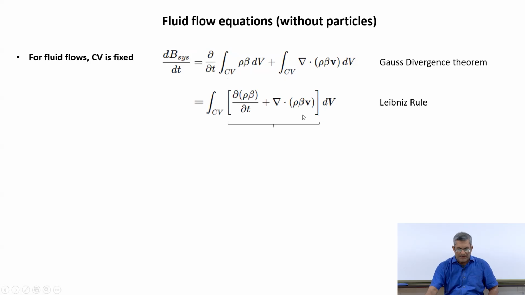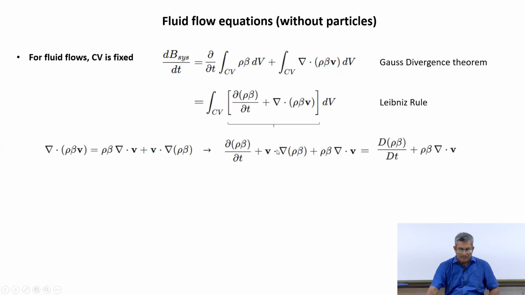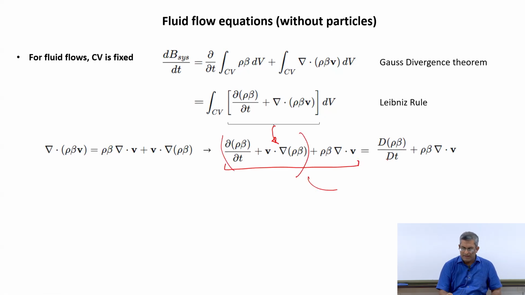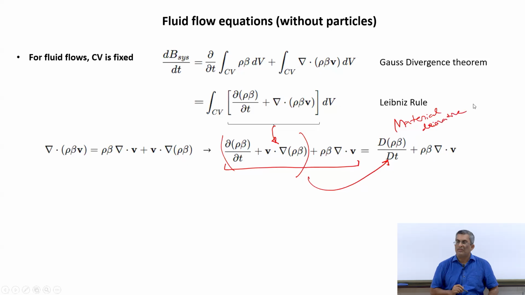Then let us consider this part. First, using the chain rule we can show that this part is equal to this, and then this one can be expressed through this expression, and I can combine these two and get this expression. What is this? This is the material derivative or total derivative. Total derivative of which quantity?